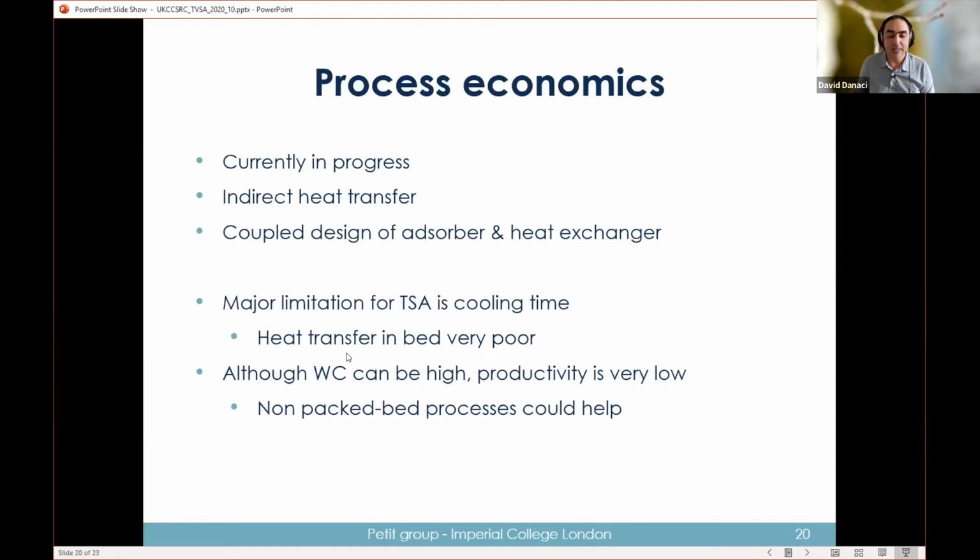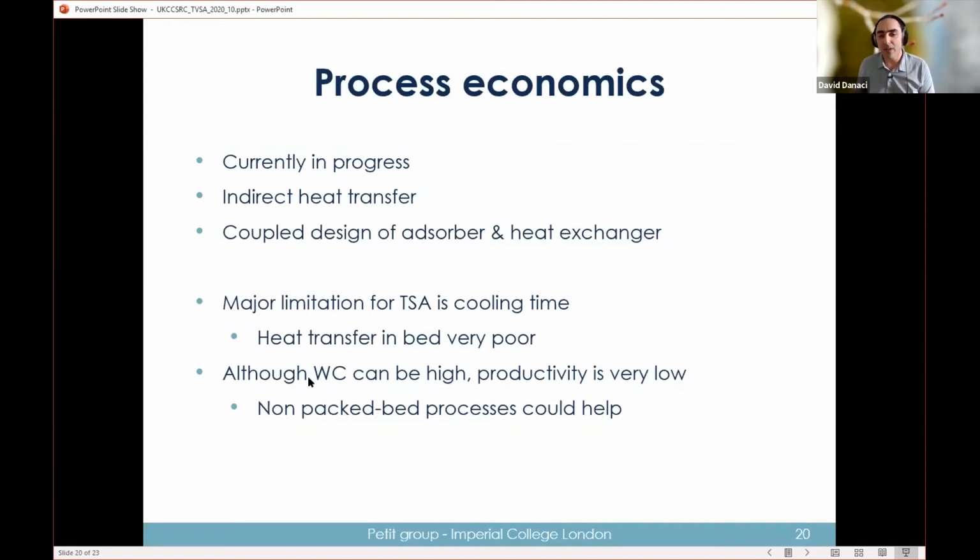So although you can get excellent working capacity, in the 2, 3, 4, 5 moles per kilogram range, the productivity becomes extremely low. And the productivity is the amount of product you obtain per unit time, per mass of adsorbent.